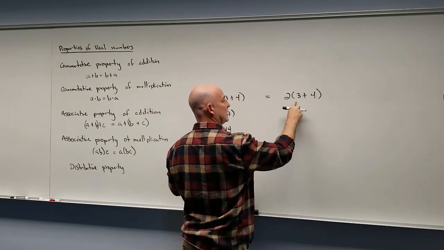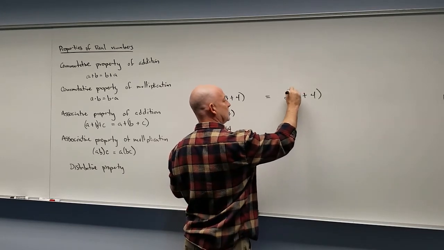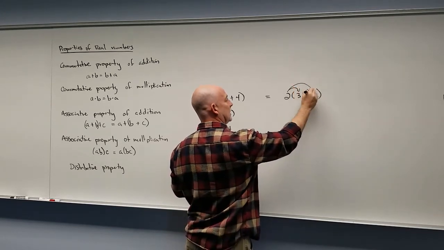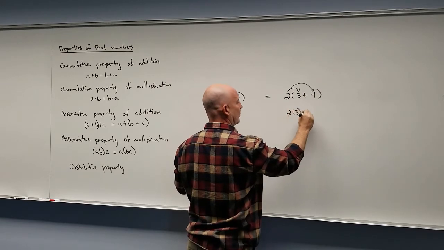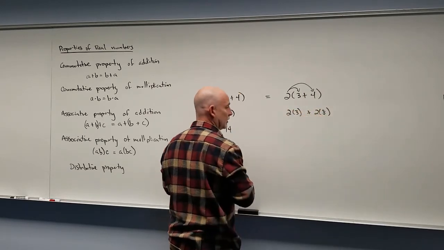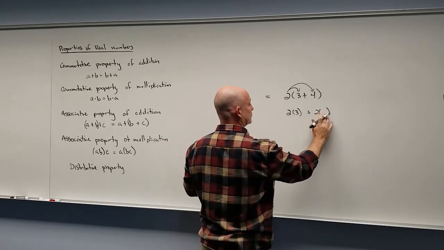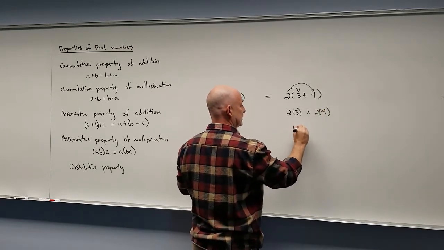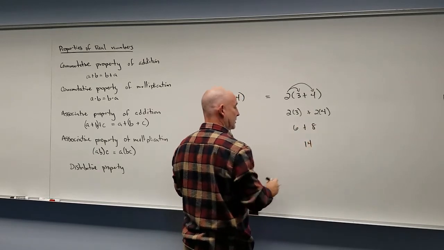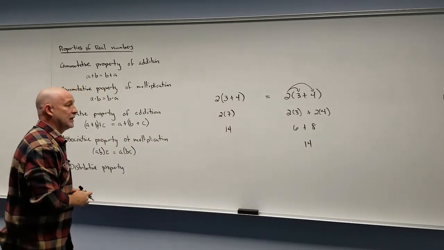This says that everything in here needs to be multiplied by 2. So you can do the 2 times the 3 and the 2 times the 4. That should give us the same answer according to this property. So that's going to be 6 plus 8 is 14. Notice we get the same exact answer.